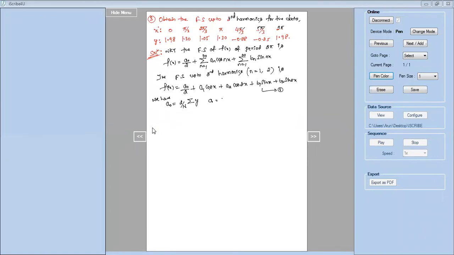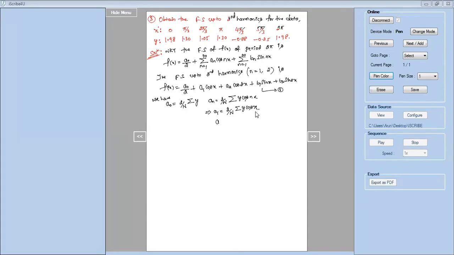An is 2 by cap letter N into summation y cos nx. So here I want a1 and a2. So this implies a1 equals 2 by cap letter N into summation y cos x. Right? So we have put n is equal to 1 here. This is x, guys. Okay.